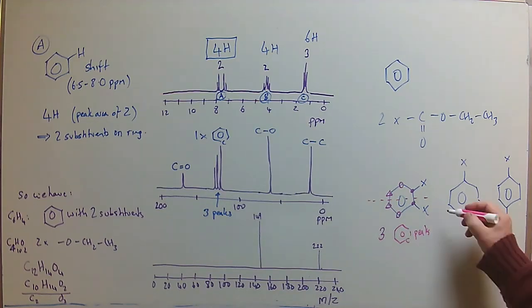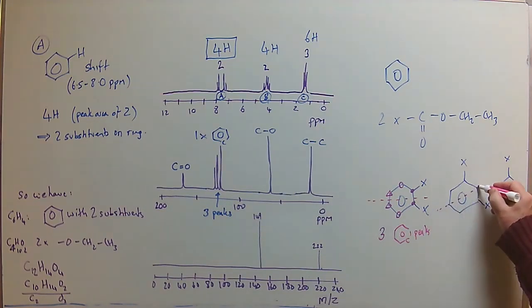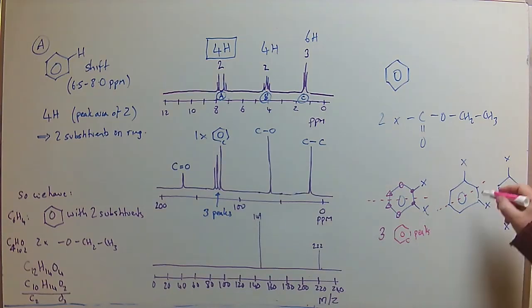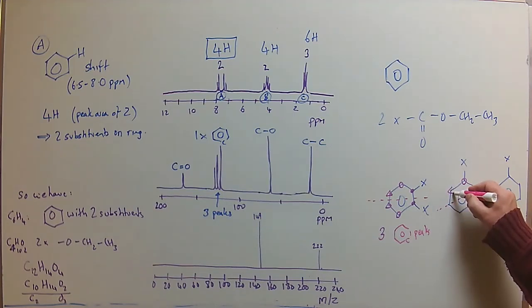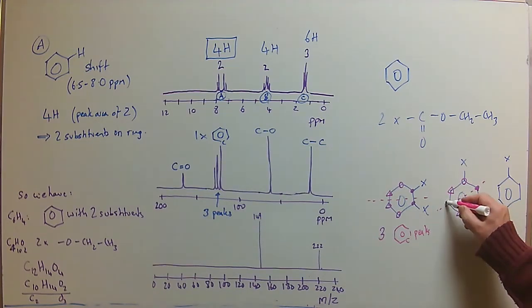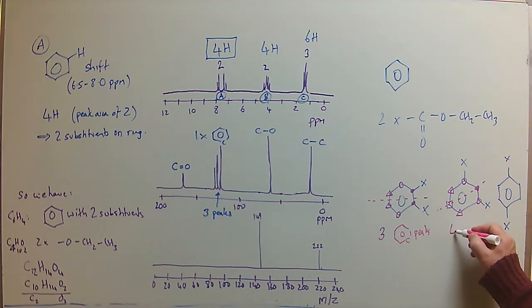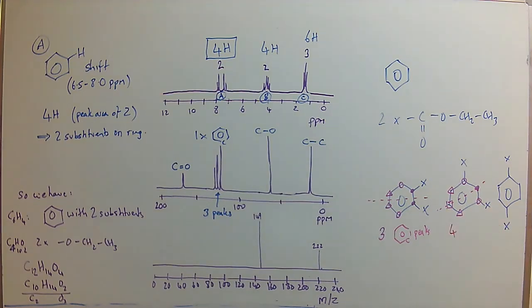If we had this one, then we have symmetry down there. So this time we're going to get 4 peaks, because that one's unique, this one is equivalent to that one, this one is equivalent to that one, and this one is unique. So that's going to give 4 of those peaks. If we had this structure, then you get symmetry down there, but you also get symmetry across here.